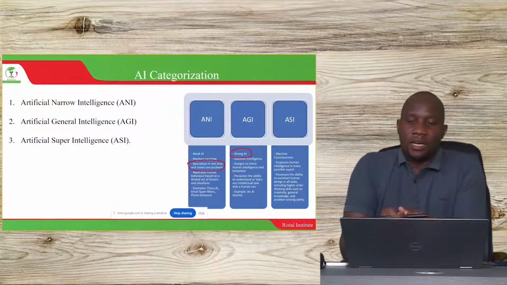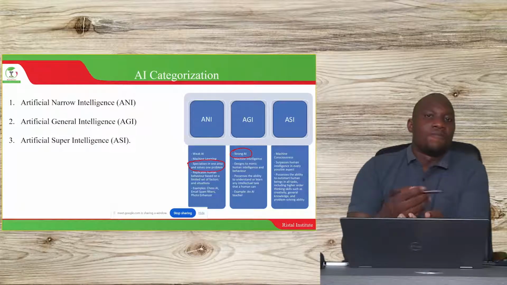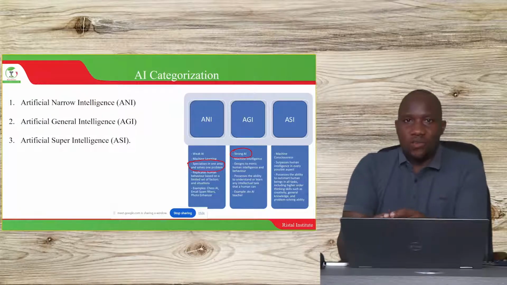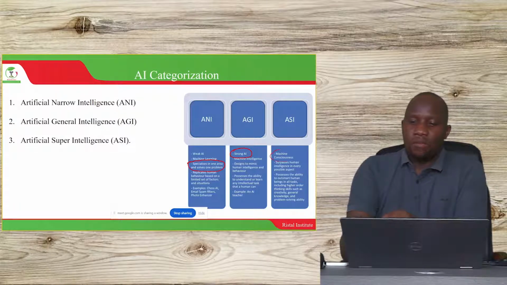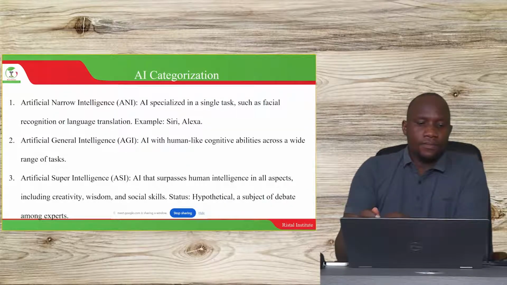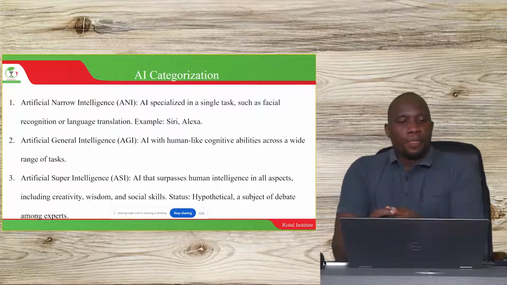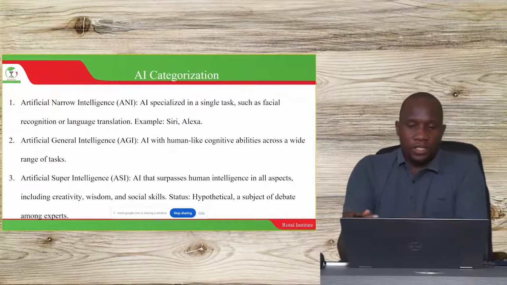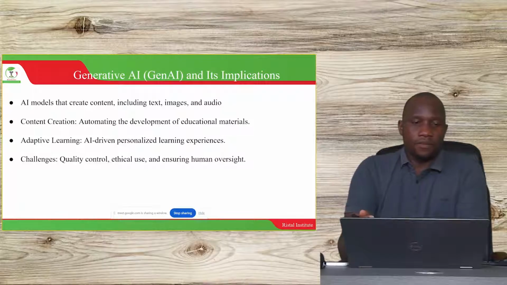So these artificial super intelligence systems can do things that we humans cannot do. Okay, so we basically say that they are machine conscious. So that description is what I have here.